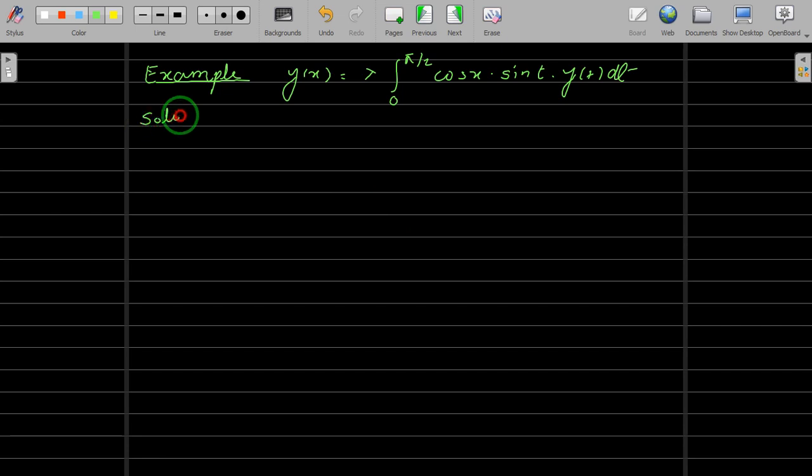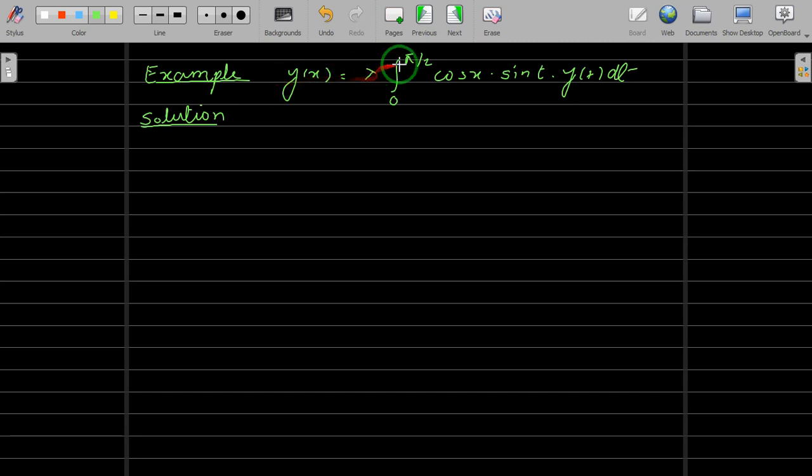So in this case, remember whatever we have discussed can be applied, at least till now, for only Fredholm integral equations which are homogeneous and whose kernel has to be separable. Now in this case there is no f function.